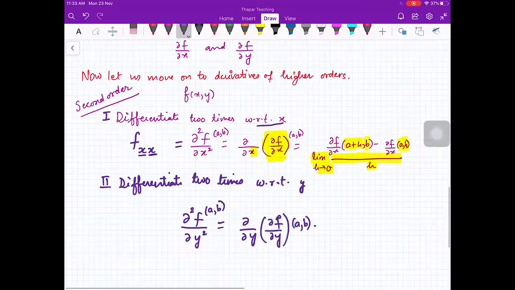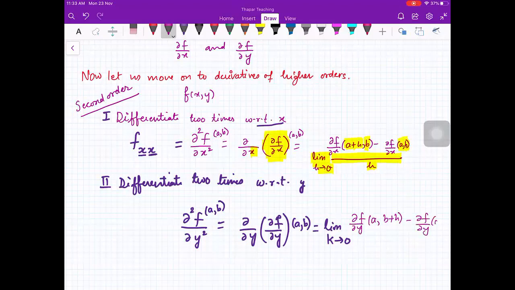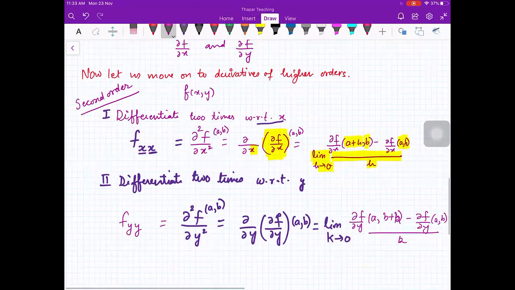So that will be limit k going to 0 of curly f by curly y at (a, b plus k) minus curly f by curly y at (a, b), upon k. Is that okay? The notation is also f y y. Okay, so the third possibility, can you tell me?